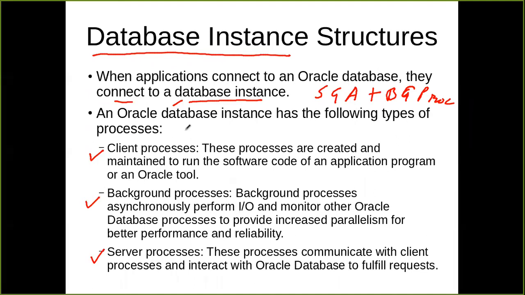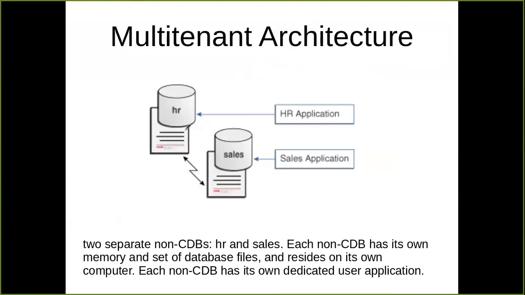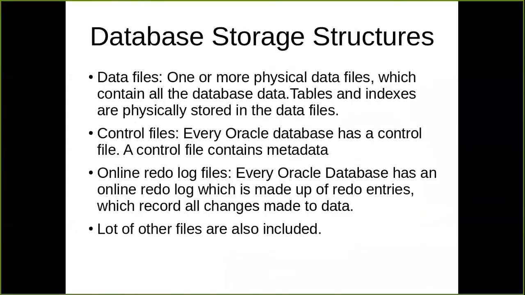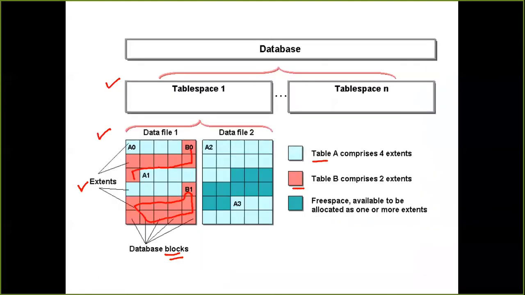I will show you the diagram again. This is our overall diagram. This is the client process, this is the server process, and these are the background processes. The instance communicates with the client process. The client process sends the request to the server process, and the server process is responsible for getting the data for the client. Apart from that, we have background processes that are also included in the instance.